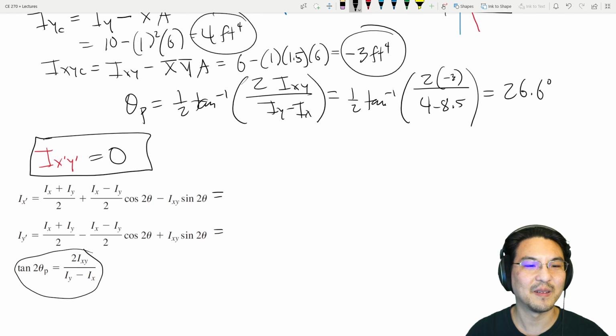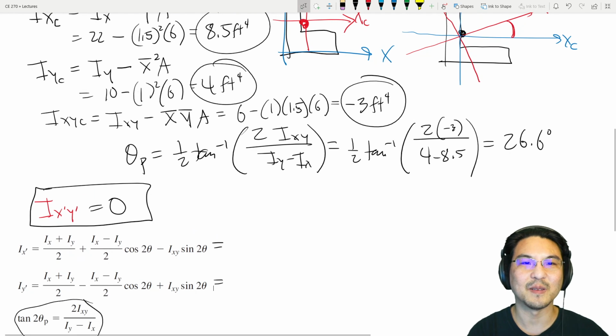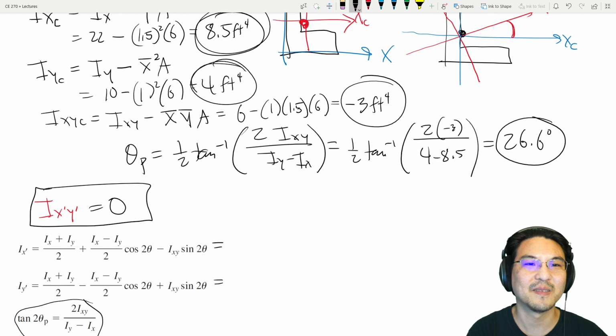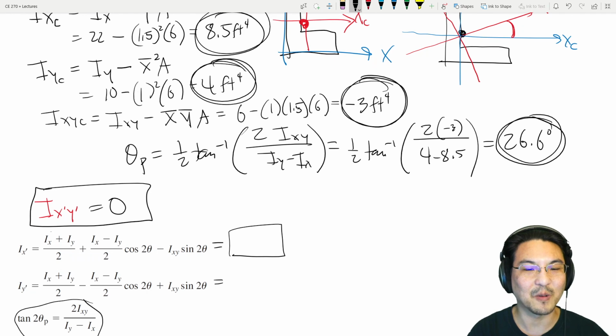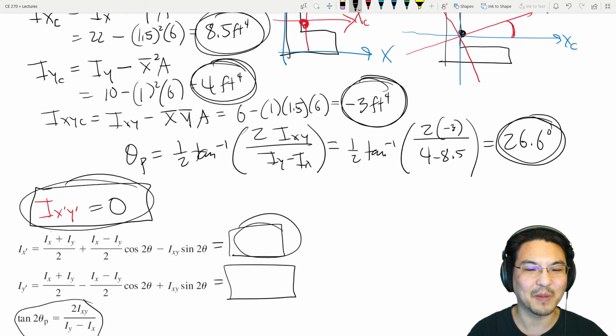You just take these 4 values, Ix, Iy, Ixy, and the angle, and all of that goes here. Ix, Iy, Ixy, the angle. And then the answer you get here is either a max or a min. The answer you get here is either a max or a min. Right, so this becomes 0, one becomes a max, one becomes a min.